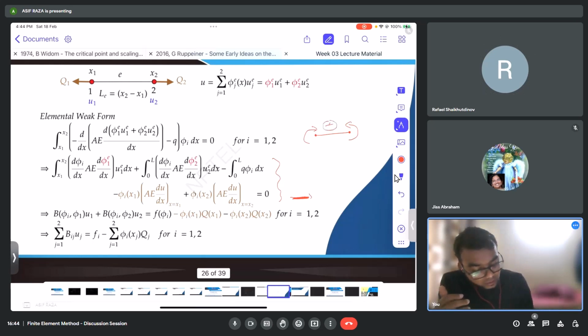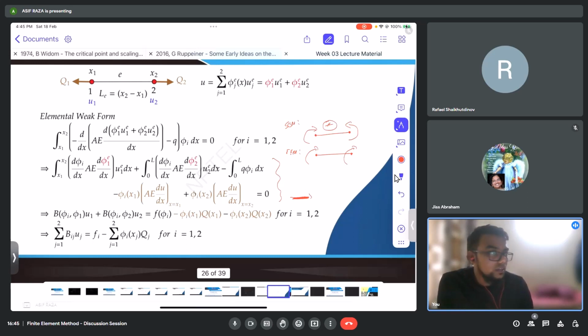But this is not the case. This is for strength of material, but in finite element method we choose a particular sign, and that will be the same for all. If we are taking a positive sign for this, it should be the same for all. We should not change it at every point.